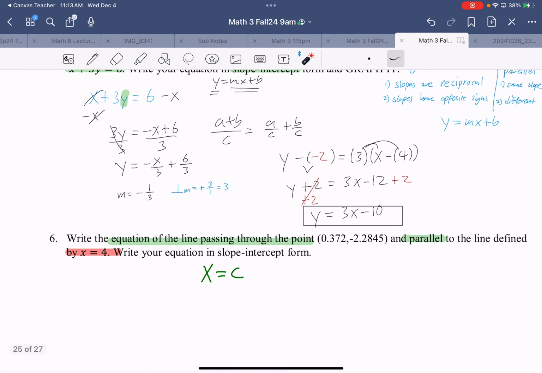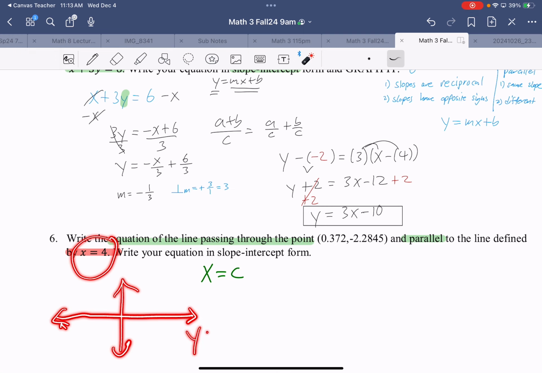Now, if it had said perpendicular, well, once again, if this line is vertical, remember, perpendicular means that you intersect at a perfect 90-degree angle. If this is perfectly vertical, the only thing that would intersect it at a perfect 90-degree angle would be a horizontal line, and we know the equation of every horizontal line is y equal to a constant, right?